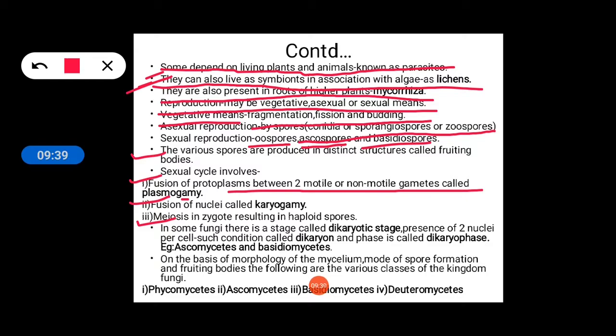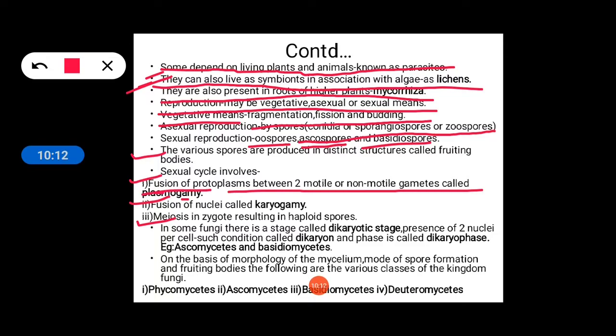If there are two motile gametes, or two non-motile gametes, there will be fusion of protoplasm between these two gametes. That means these two gametes will come close and their protoplasm will fuse with each other, and this process is known as plasmogamy.